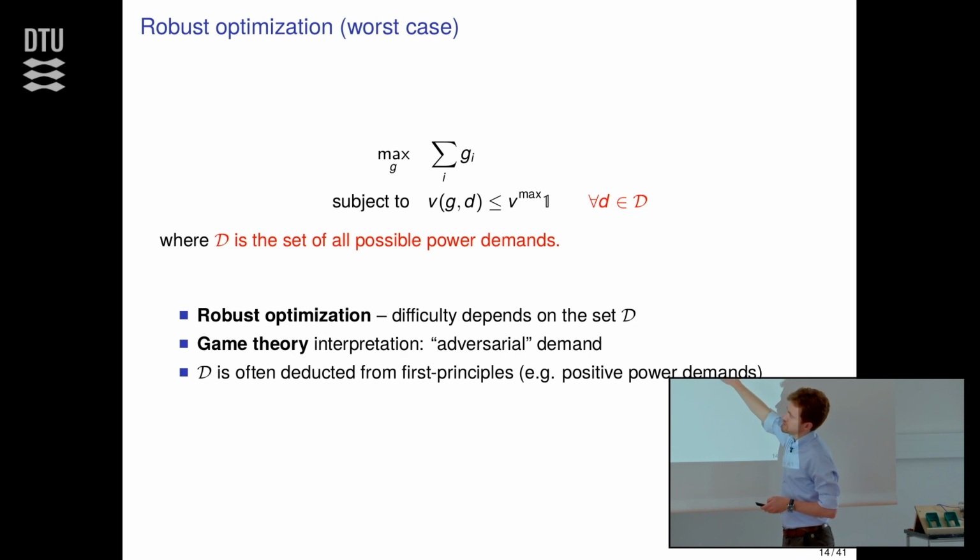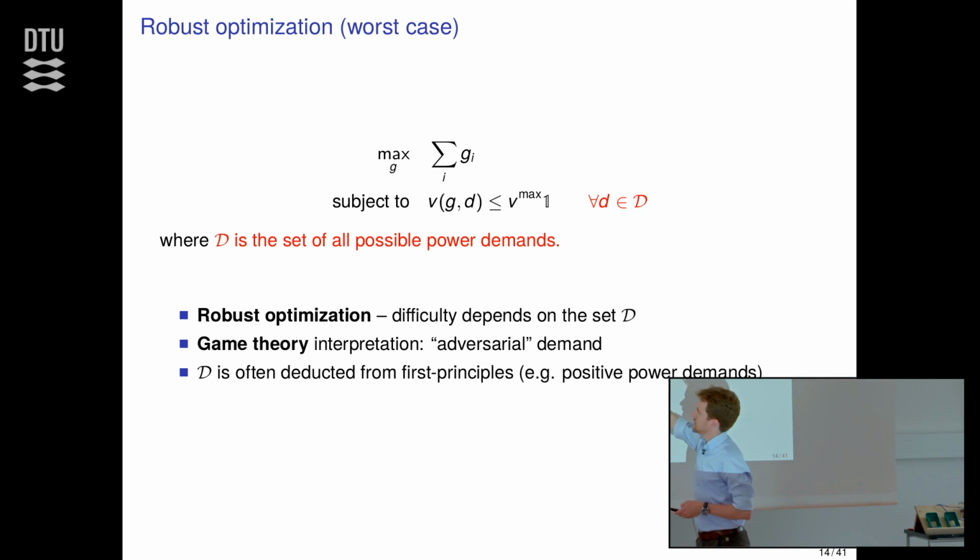Then very often, and this is actually what we are going to do in the exercise, D comes from first principles. Like, you know that power demands are always positive or 0, right? Because it's not that a load starts injecting power at some point.